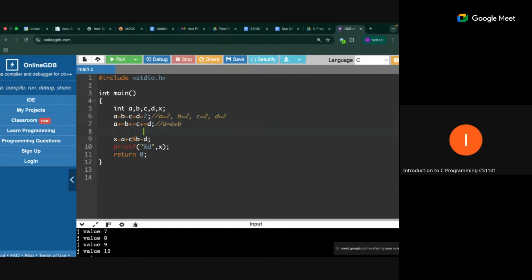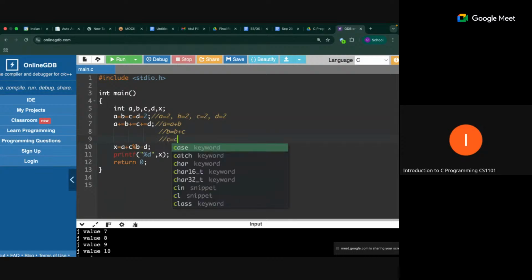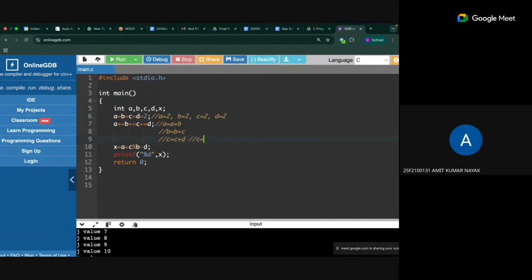Yes. So actually, if I need a equal to a plus b, I need the b value. So b is equal to b plus c. Then for c, c is equal to c plus d. So I need this d value. What is the d value here? 2. So what is the c value? 2 plus 2 equals 4.